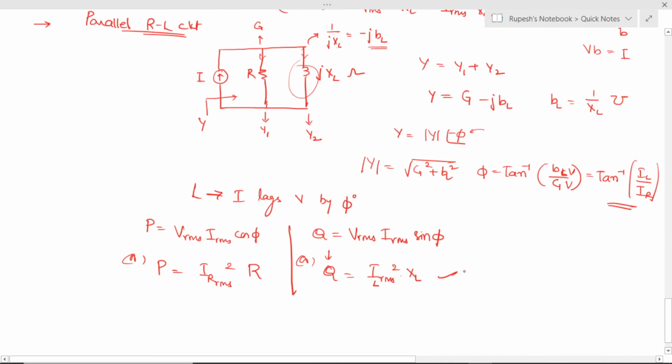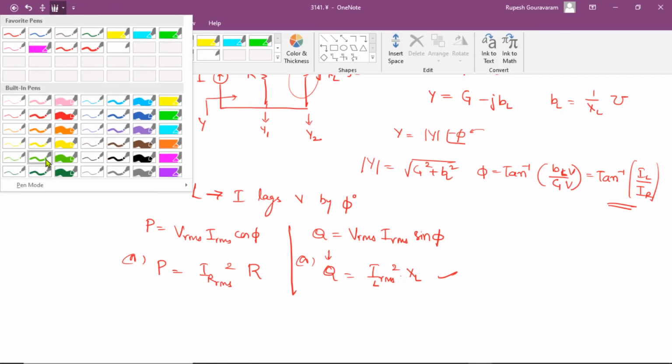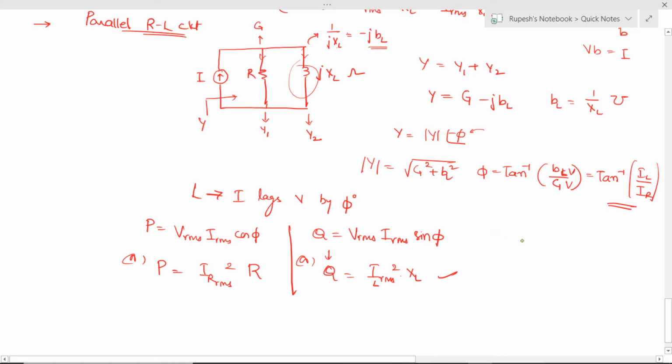If you go further in this circuit and draw the phasor diagram, in a resistance the current through the resistance will be in phase with the voltage across the resistance, which is VR.